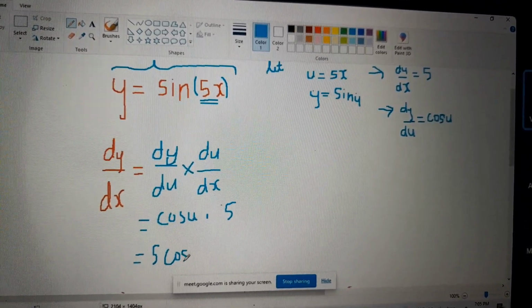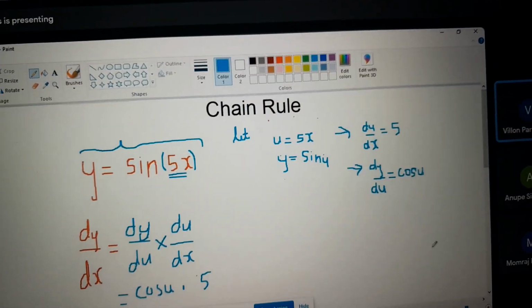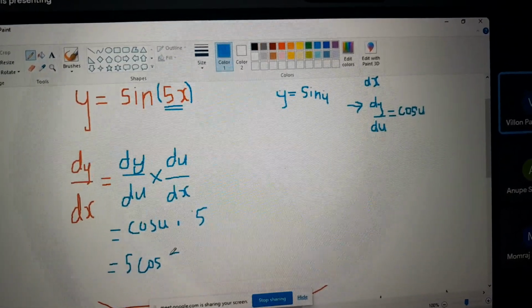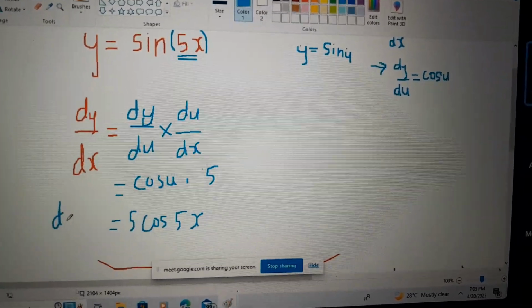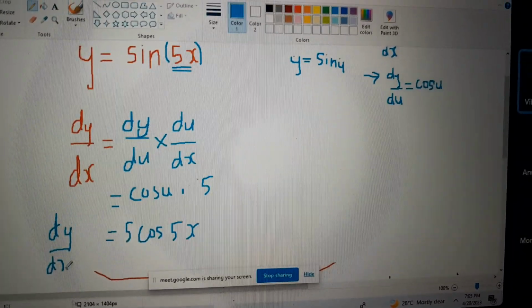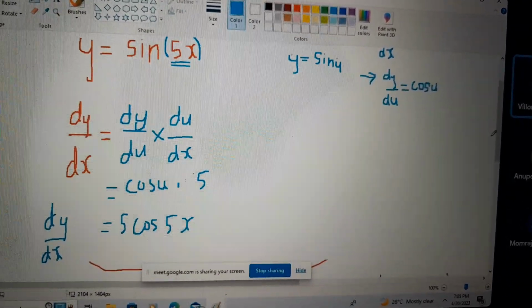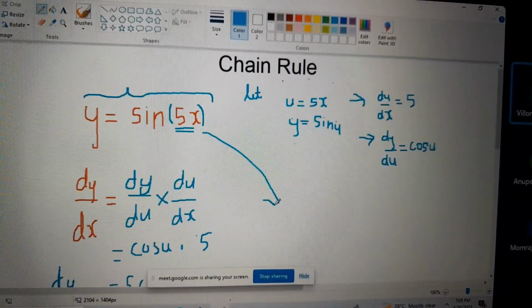And what was the original value for u? 5x, sir. 5x, great. So the derivative of the function is this. Now, this is why I showed you from the inception that we need the formula. Now that you see how the formula is used, we can do the shortcut.